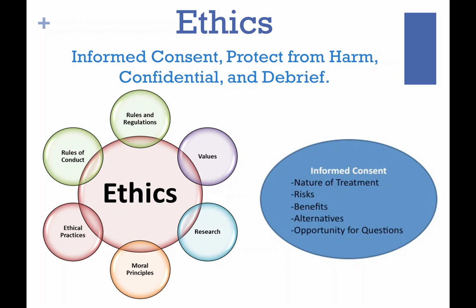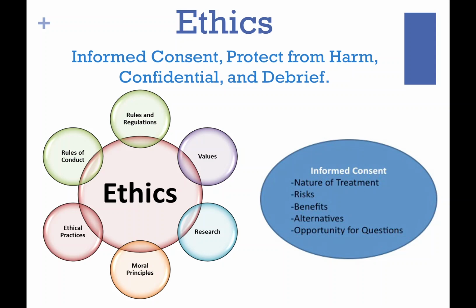So if somebody does something in your study and then finds out when you debrief them that they were deceived and they didn't know the true nature of the study, they can choose to be withheld from your data. That would be the ethical correction of informed consent.